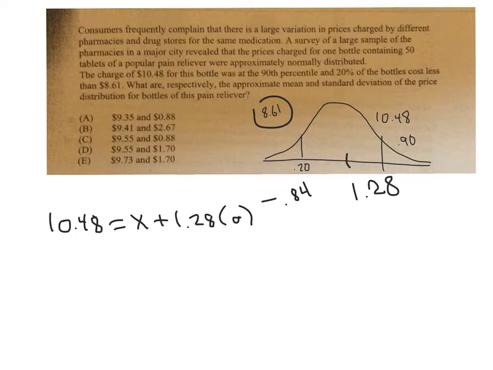Okay? And how do we get the other price of 8.61? Well, 8.61 is equal to that average price plus negative 0.84 times the standard deviation. That's how we get that price.